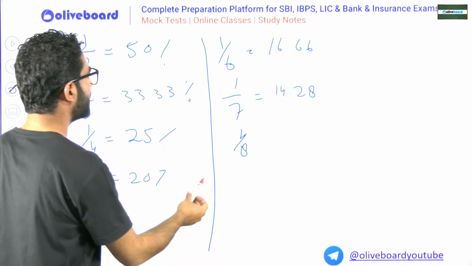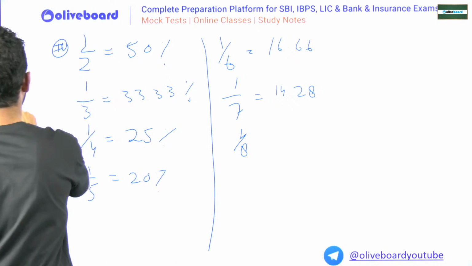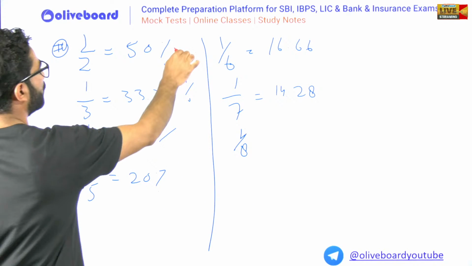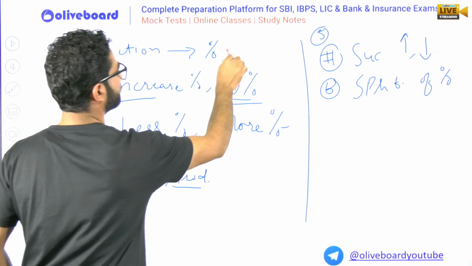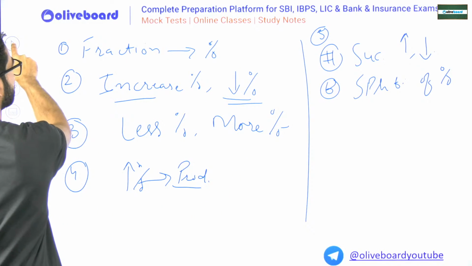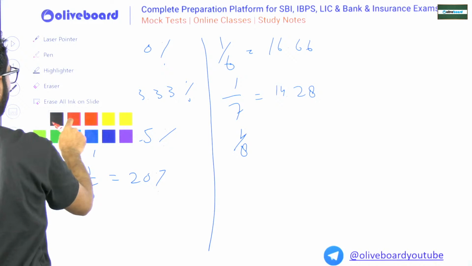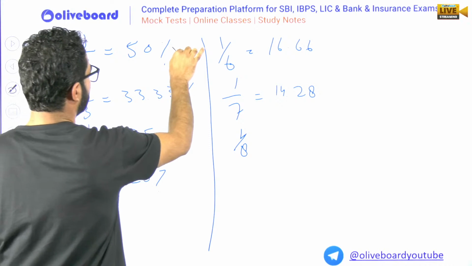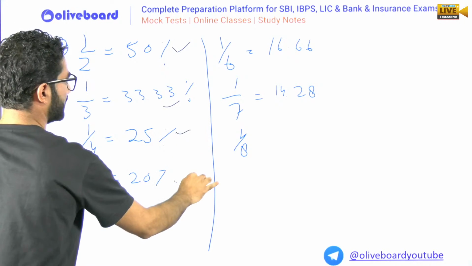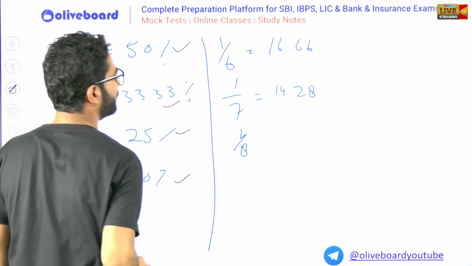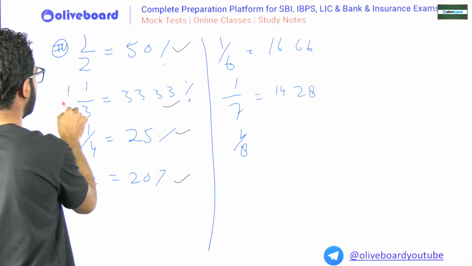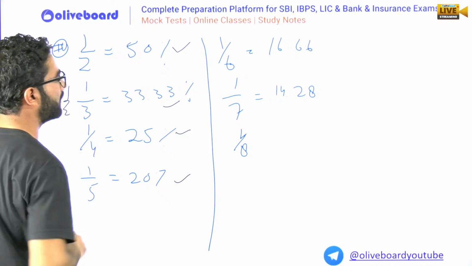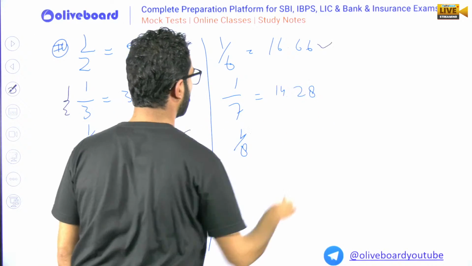You know these ones very well. To calculate 1/6 in every question, just do one thing: if I do 1/2 divided by 3, it becomes 1/6, that is this value.